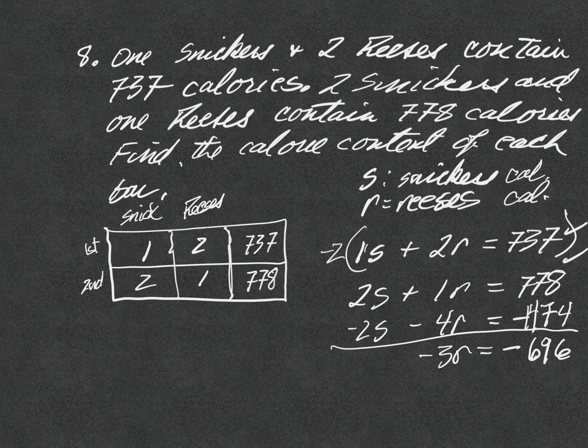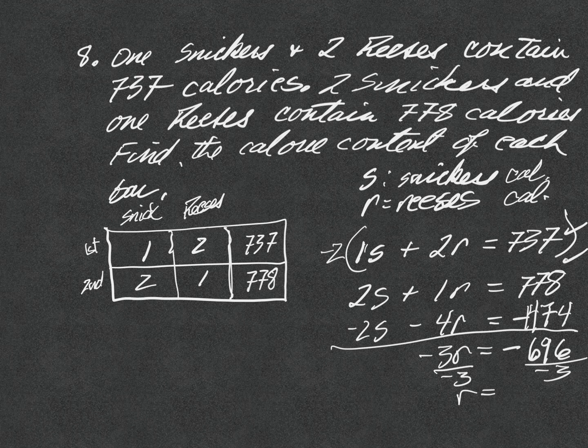So 696, and let me add that to 714. 9 and carry the 1. Just add these together. 17, carry the 1, 14. Okay, so that's correct. And now I divide both sides by negative 3.